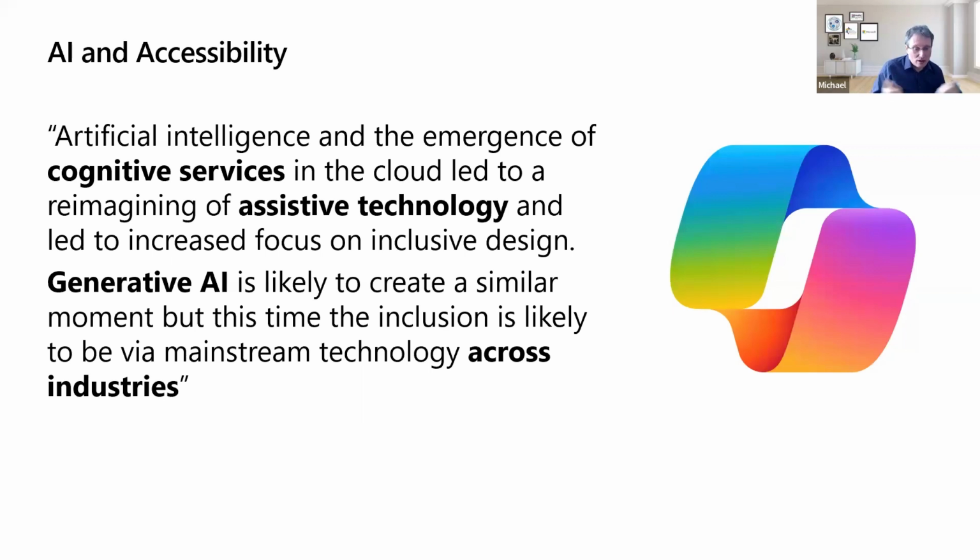That could be, I'm here to check your boiler, whether your boiler is working, I need to have it repaired, or that could be a public healthcare situation, all of that kind of stuff across industries. And that makes it very exciting as well. That's an extra level of inclusion. Next slide.